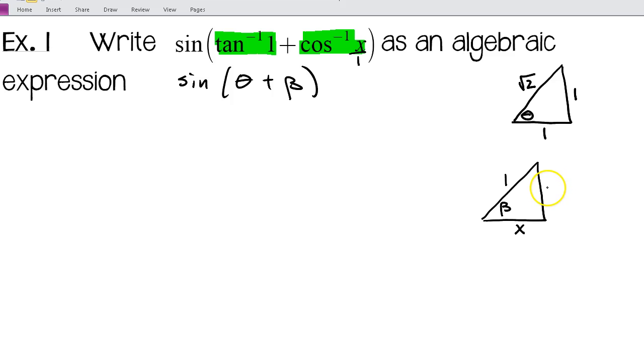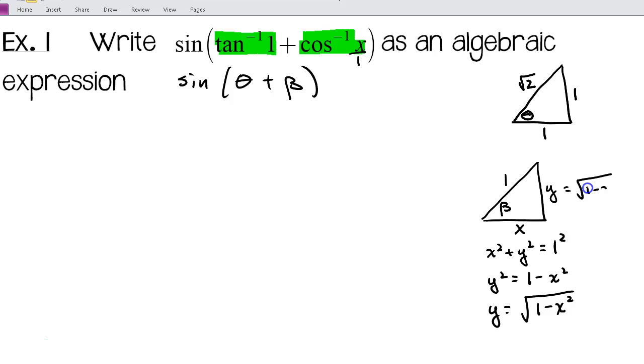I need to find this other side, which I'll call y. Using the Pythagorean theorem again, x squared plus y squared is equal to 1 squared, so y squared is 1 minus x squared, which means y is the square root of 1 minus x squared.